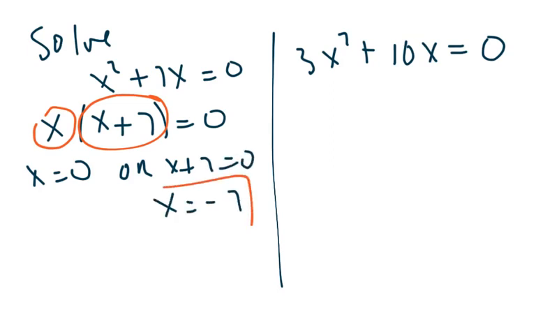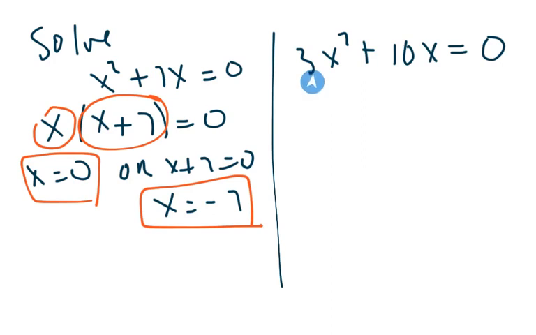So there's our two solutions to this equation. If I put 0 into this equation here, I get 0 squared plus 7 by 0, that's equal to 0. If I put minus 7 in, it also works as well. Minus 7 squared is plus 49, plus 7 by minus 7 is equal to minus 49. You see?